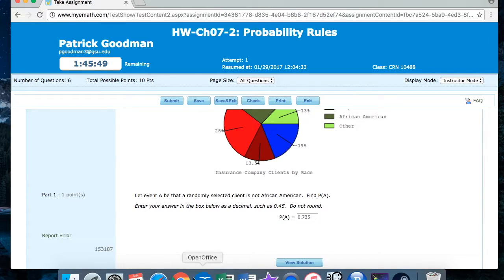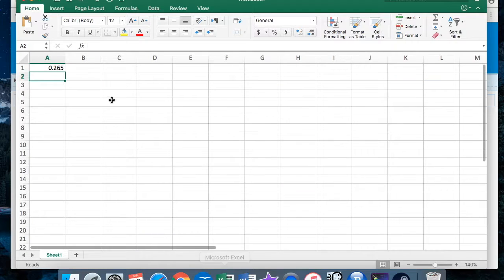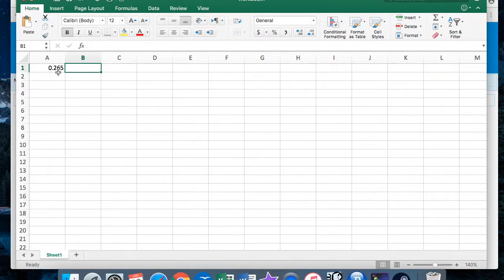So if we want to not select African American, this just means the complement of this, right? So remember, complement: if this is our event A, we want not A. So not A would just be 1 minus the probability of A. Right?